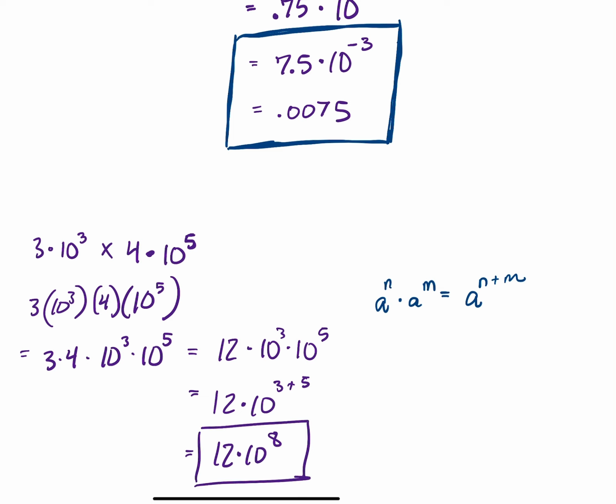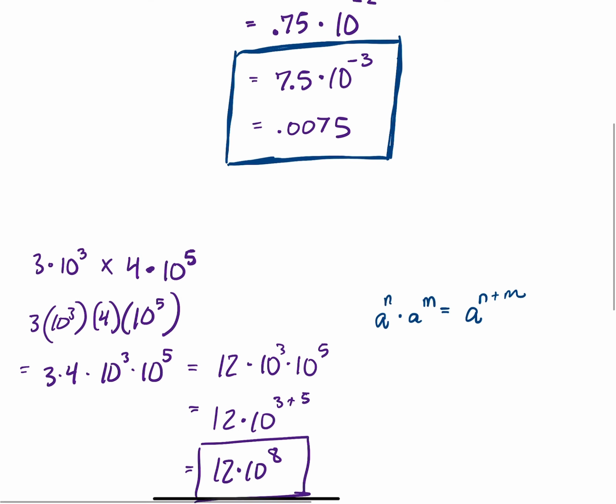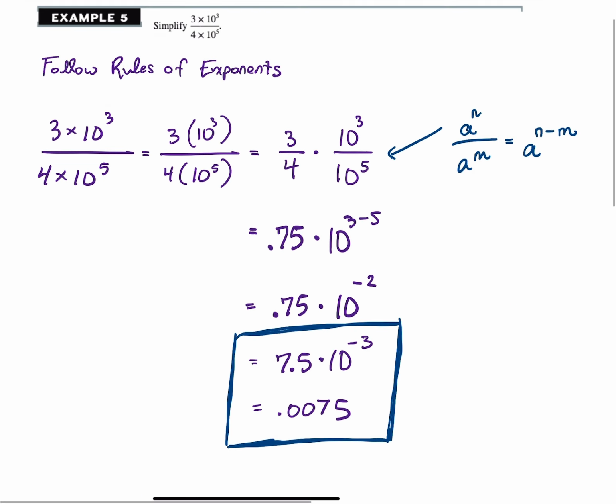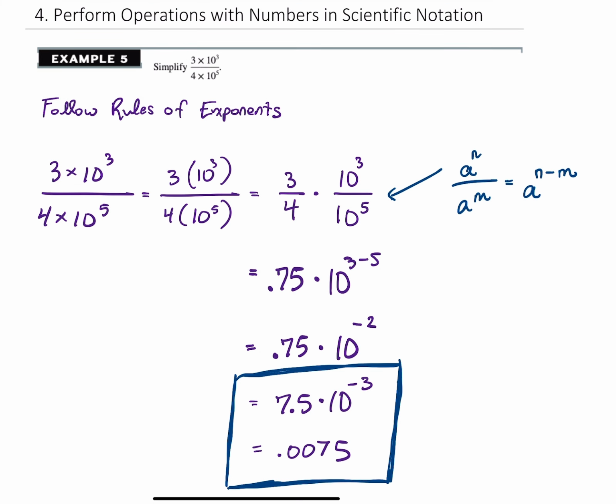So that would be if we had a multiplication of two numbers in scientific notation. If that's the case, then we multiply the numbers in front and then add the exponents. In our actual example here, we had a division of two numbers in scientific notation. So we divided the numbers in front. We did 3 divided by 4, and then subtracted the exponents. So that's another way of trying to remember the process here.